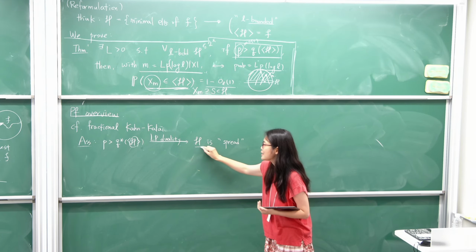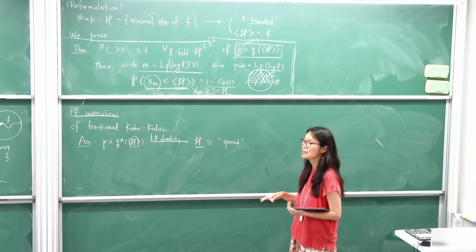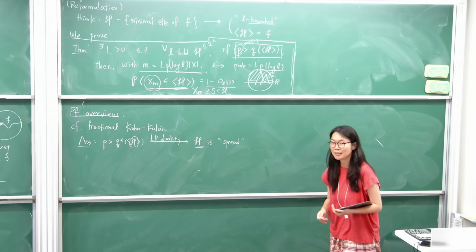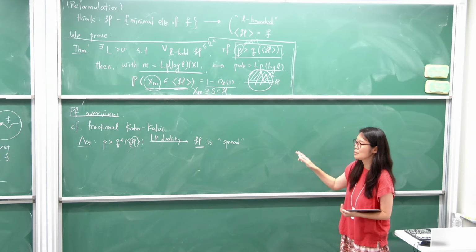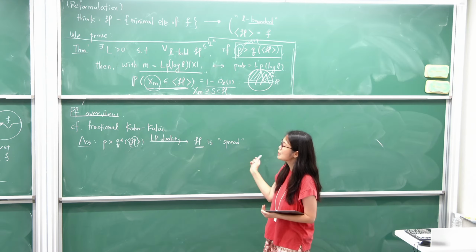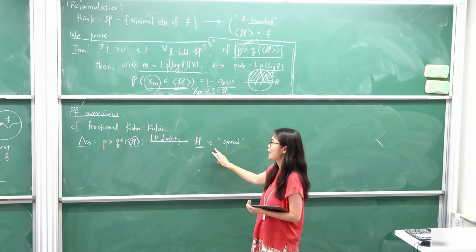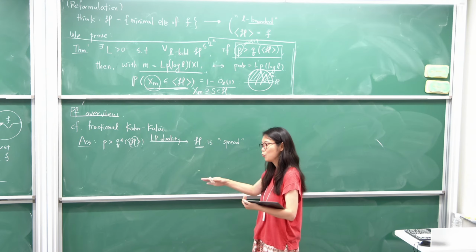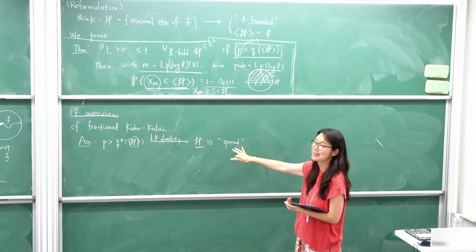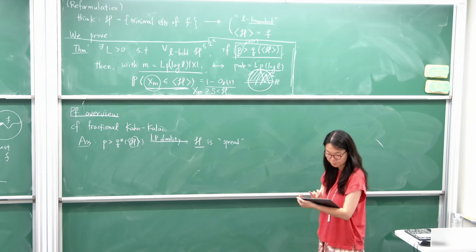It means this hypergraph H is not concentrated on a certain place. It is very well spread in our universe. Using this assumption that H has a very nice distribution, we use this very heavily in our proof technique, in our fractional Kahn-Kalai.